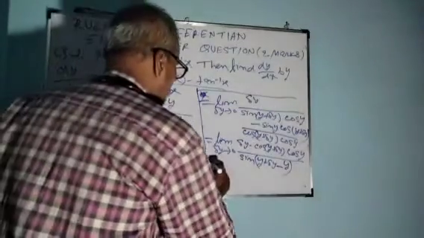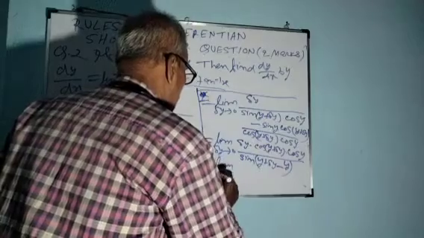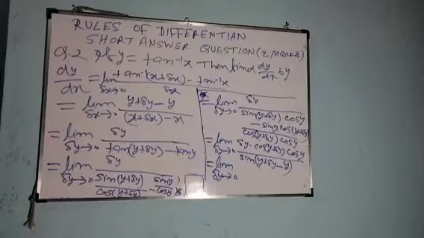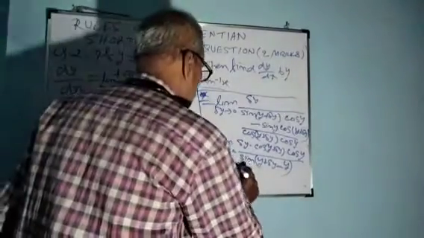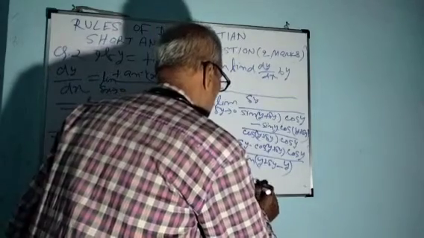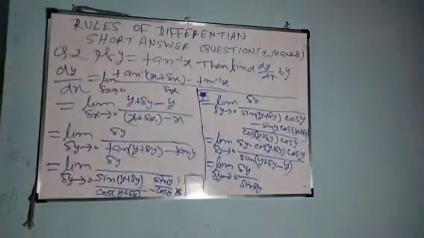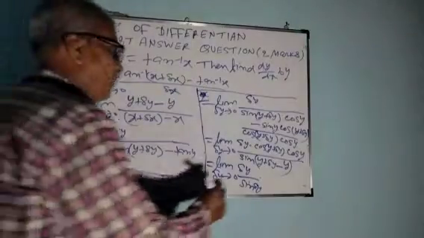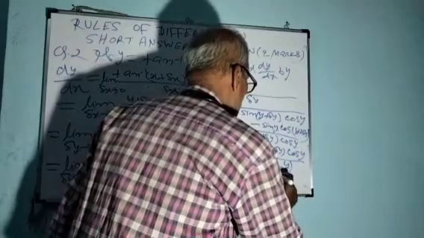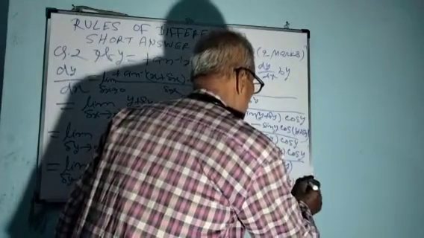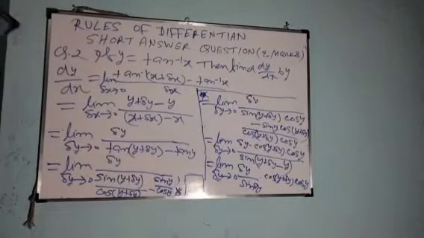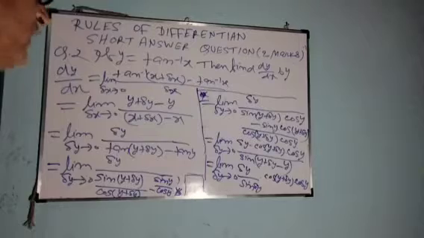This is equal to limit delta y tends to 0 of delta y by sin delta y into cos of y plus delta y into cos y. You write it in your notebook, then I will write the next step.